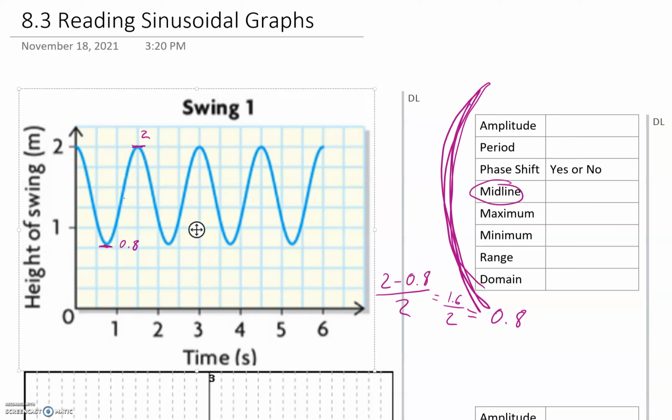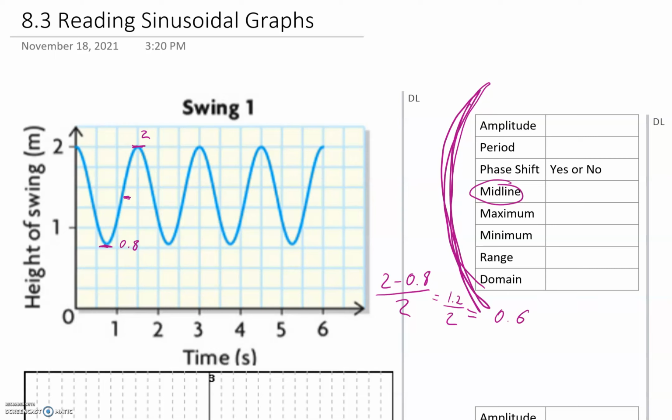Is that right? No, sorry, I did that wrong. That should be 1.2, and this should be 0.6. There you go, that makes more sense.